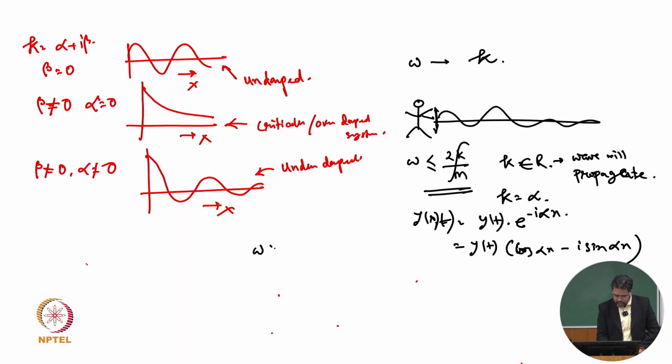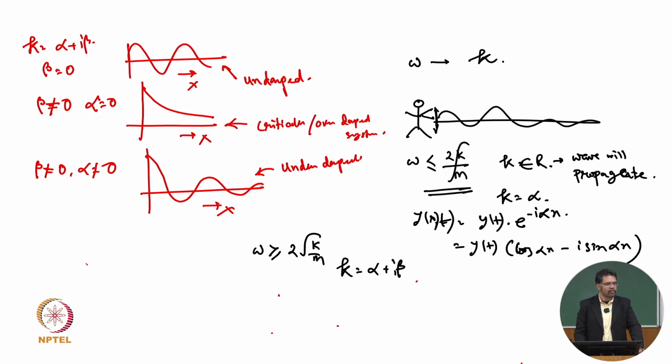Once your frequency is more than that limit, k will have two parts, alpha plus i beta, and your solution will start decaying. You hold the gym rope and try to do it, but the wave is not propagating, it is decaying because you are doing it too fast.